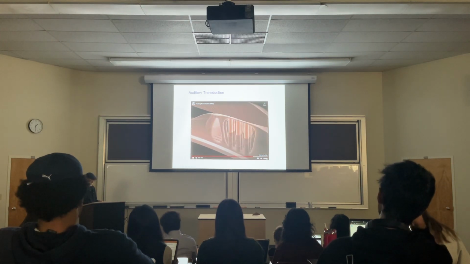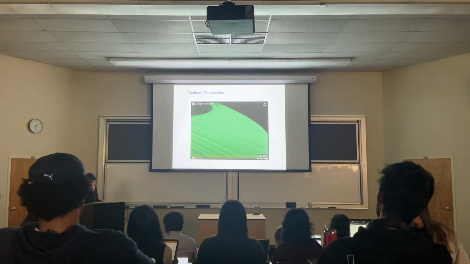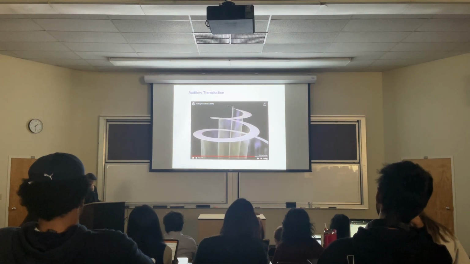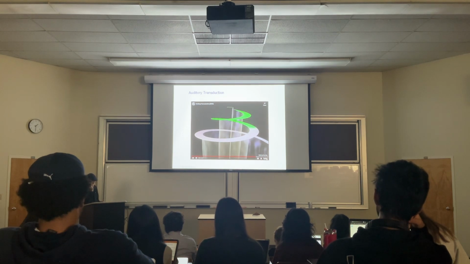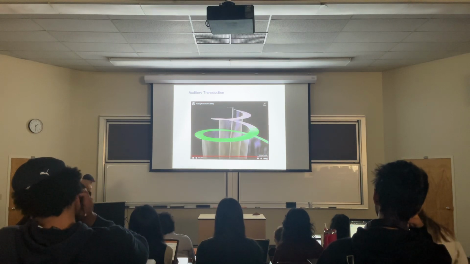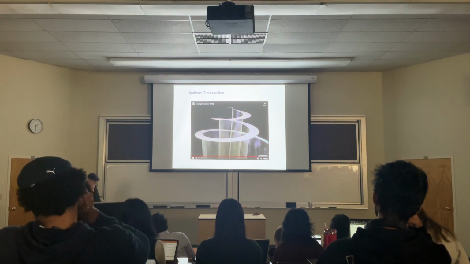The entire basilar membrane does not vibrate simultaneously. Instead, specific areas along the basilar membrane move variably in response to different frequencies of sound. Lower frequencies vibrate the basilar membrane closer to the apex of the cochlea, whereas higher frequencies produce vibrations closer to the base. This arrangement is known as tonotopic organization.